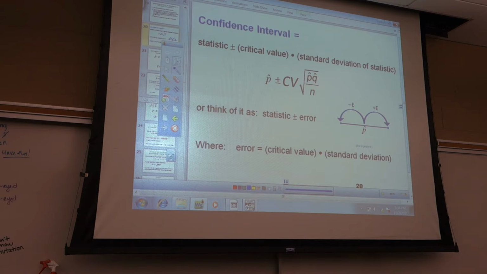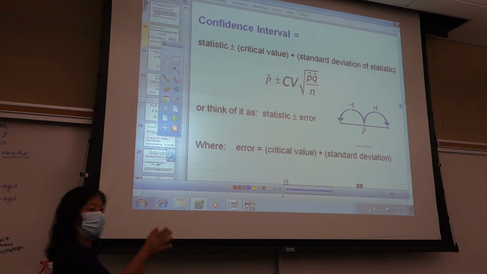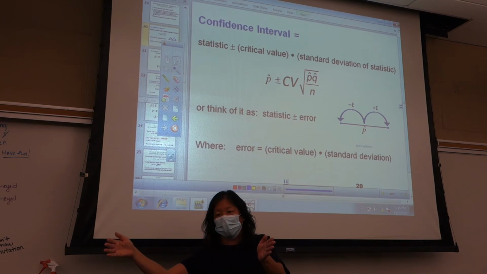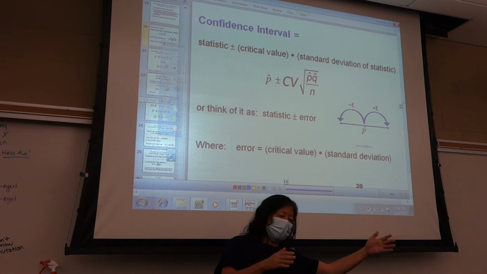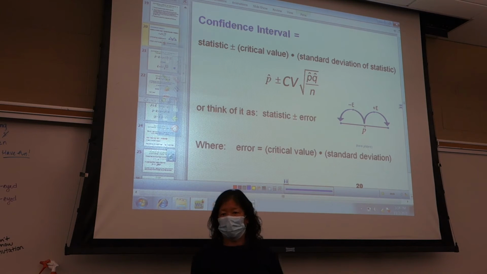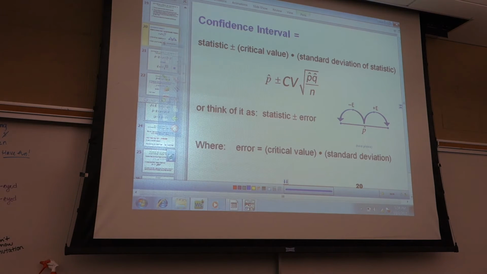So that's what we did before. We did it with means. We did 45 minutes minus 20 minutes, 45 minutes plus 20 minutes, and that's how we got our lower and upper limits. So start with your best guess, and then add and subtract your error.